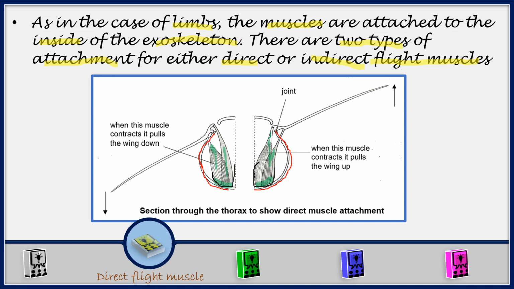If you look at this muscle, this one is attached at the base of the wing, and this one is attached in the midway of the wing. So the same applies here. This muscle goes and attaches itself on the sides of the wing, and then this one attaches at the base of the wing. So because the muscles are directly attached to the wing, that's why they are called direct flight muscles.